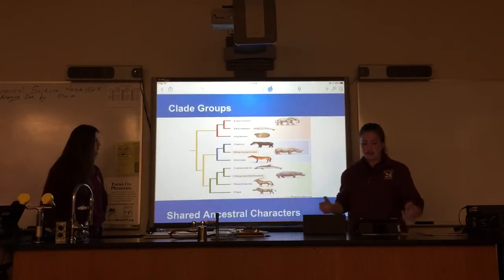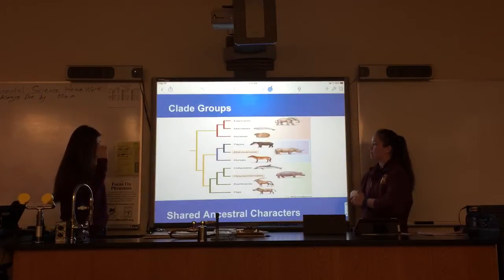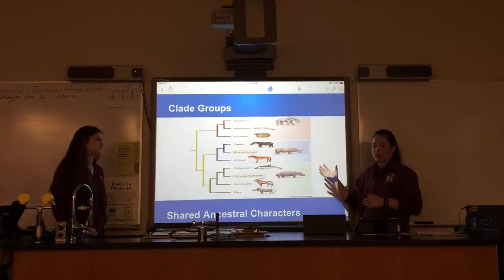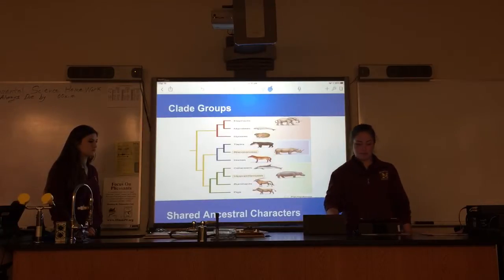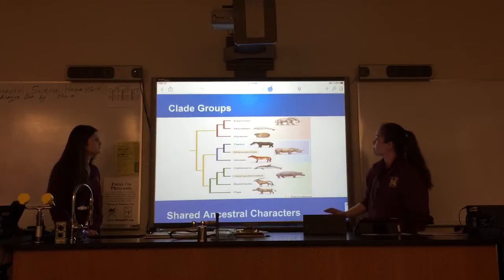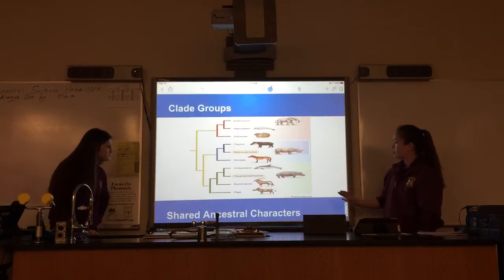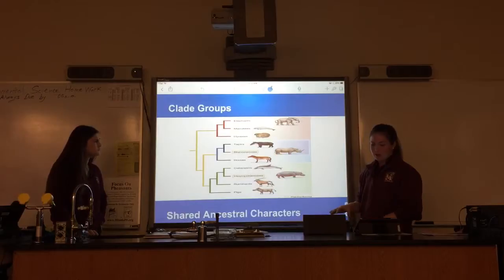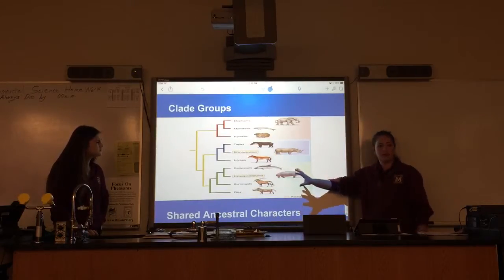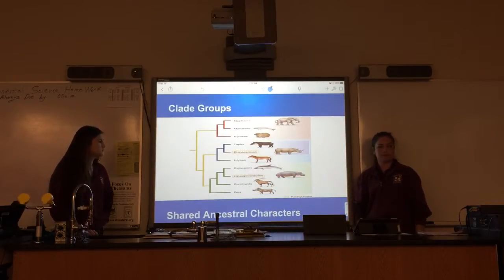Okay, so looking at this diagram, can anyone label what a polyphyletic group would be? Jacqueline? The tapirs and the hyraxes. Yes. Got it. Can anyone do what the monophyletic group would be? Anyone?